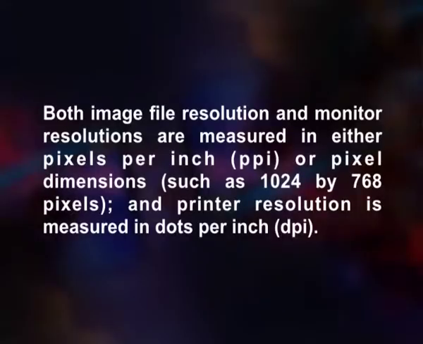That's because the ink dots when printing can be much closer together than normally seen on a screen. Both image file resolution and monitor resolutions are measured in either pixels per inch (ppi) or pixel dimensions such as 1024 by 768 pixels, and printer resolution is measured in dots per inch (dpi).